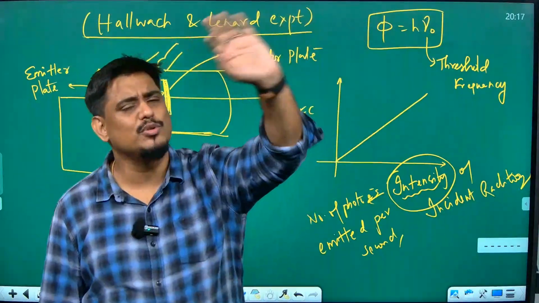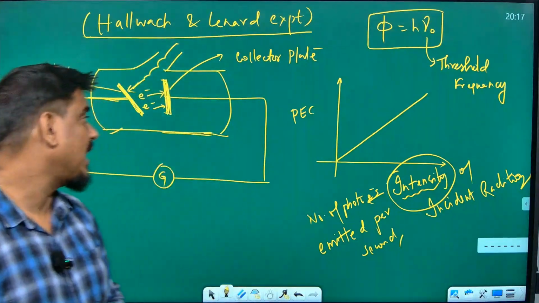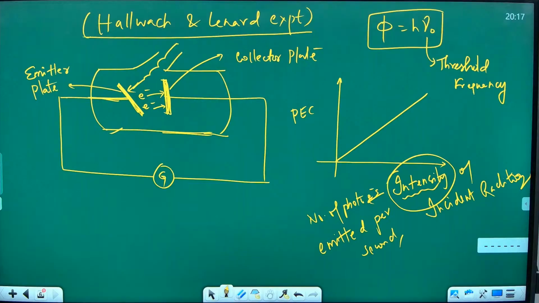This is the first, most simple, basic graph of the photoelectric effect, drawn between intensity of the incident radiation and photoelectric current. As the intensity is increased, the photoelectric current also increases, indicating that intensity directly determines the number of photoelectrons emitted per second. Copy it fast before I go to the next graph. Please copy it.